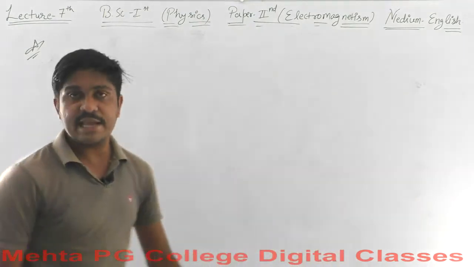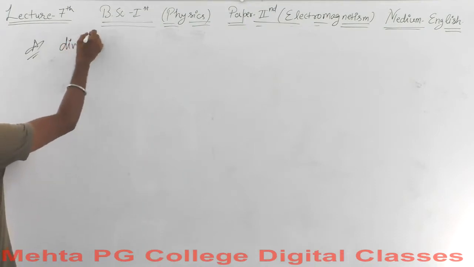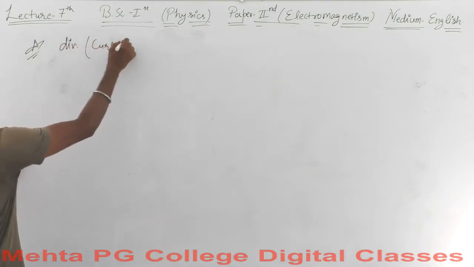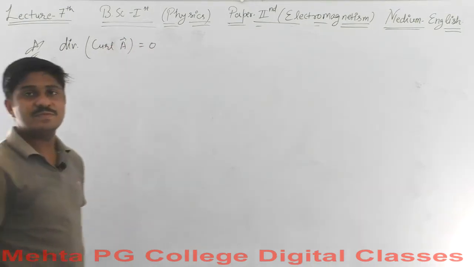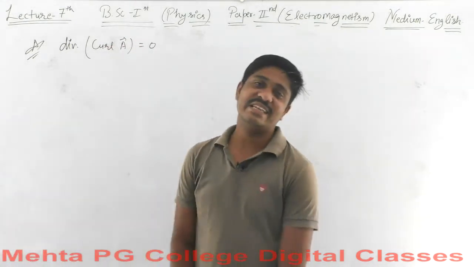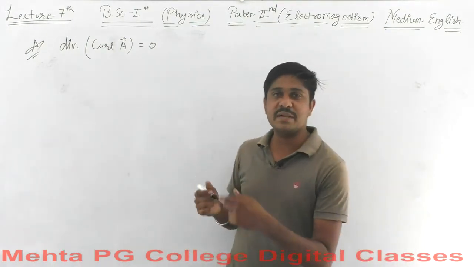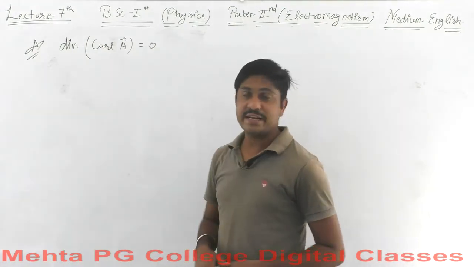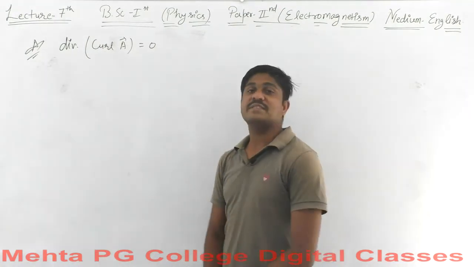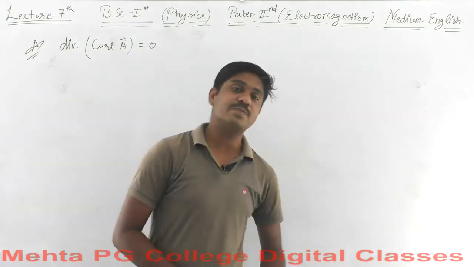The new identity says that the divergence of the curl of a vector field will be 0. So let's see how we can do that. Let's begin with the example. First of all, let me solve the inner term, the curl of A, then we will solve the divergence for that.